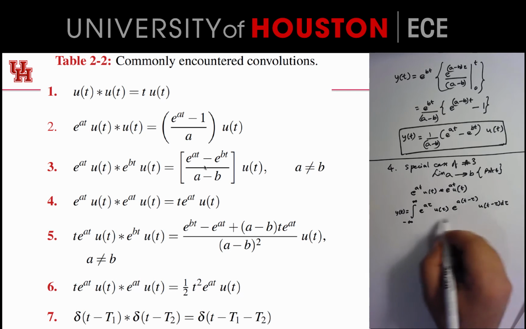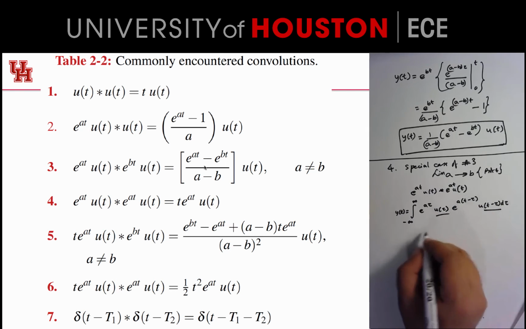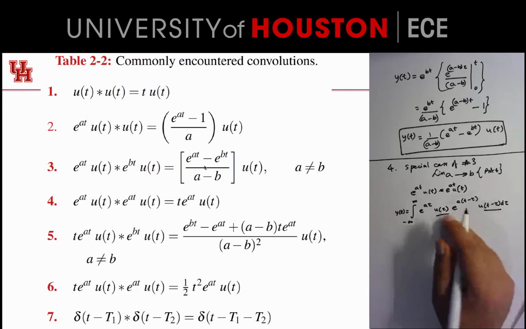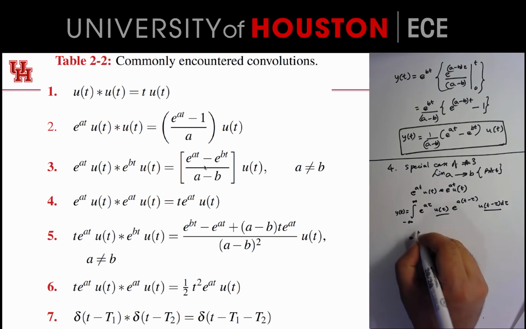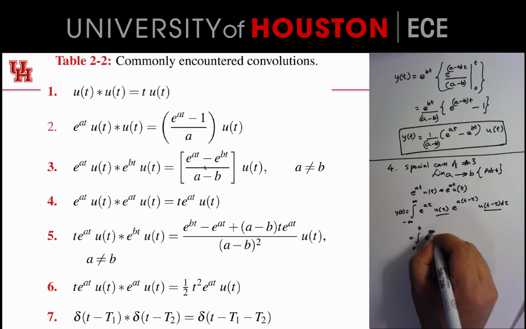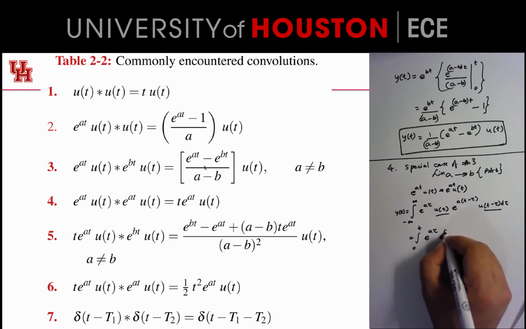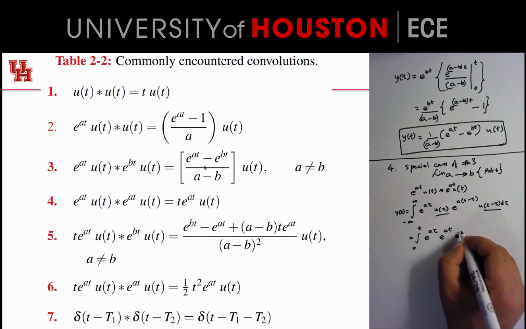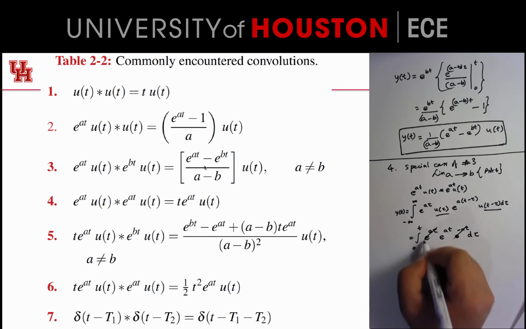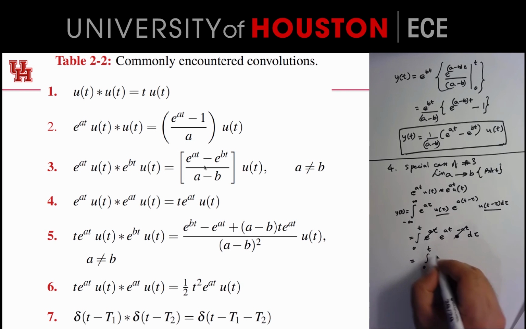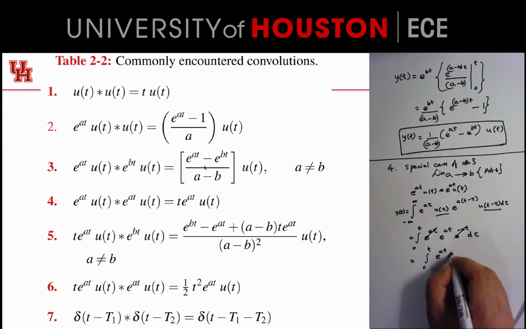Now the same thing happens here, so these two will only be one at the same time when tau is between 0 and t. So e to the a tau times e to the at times e to the minus a tau d tau. Now these two cancel, so the integral reduces to the integral from 0 to t of e to the at d tau.